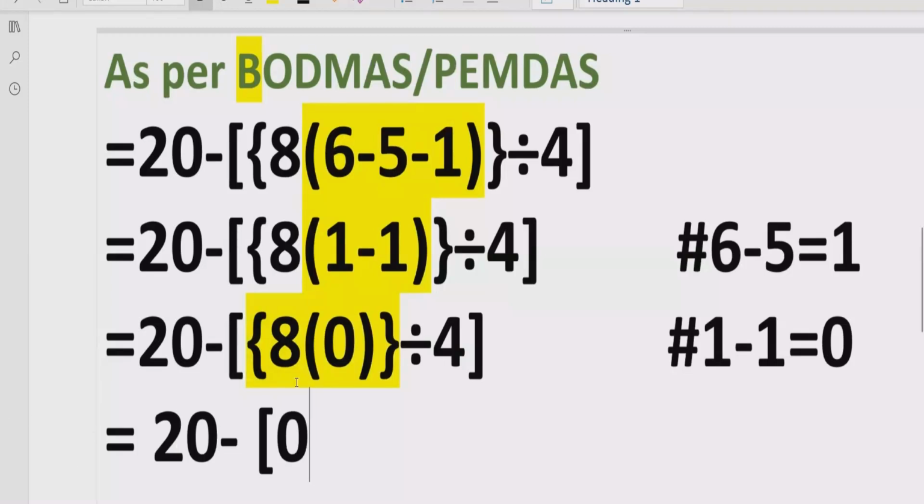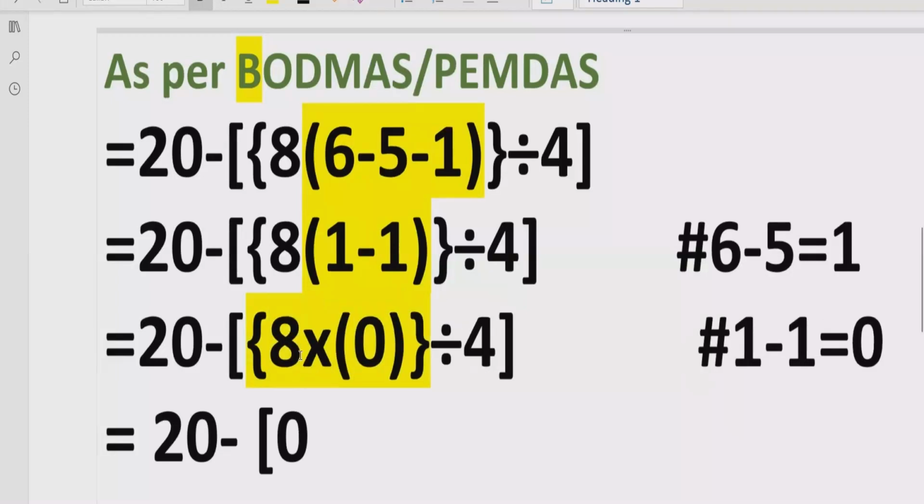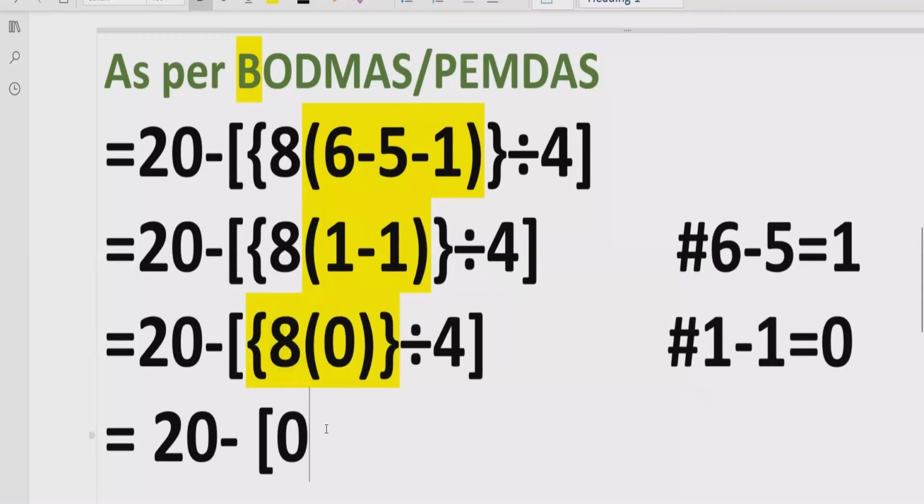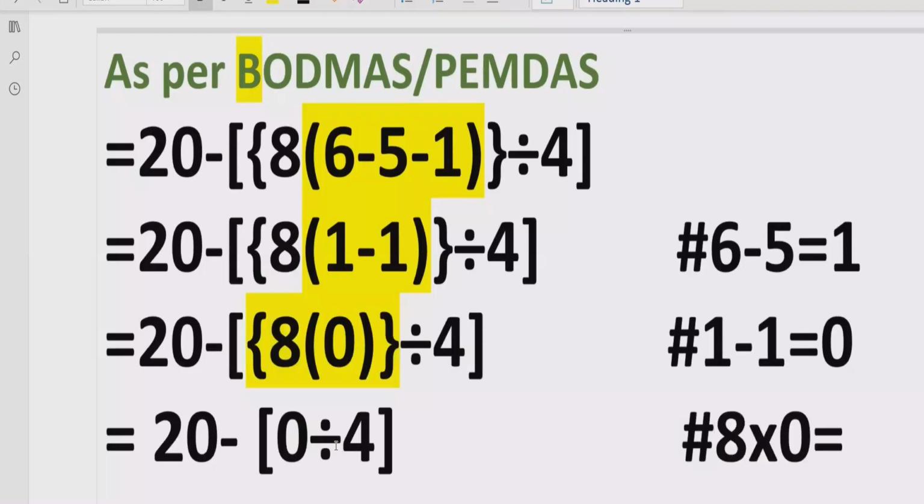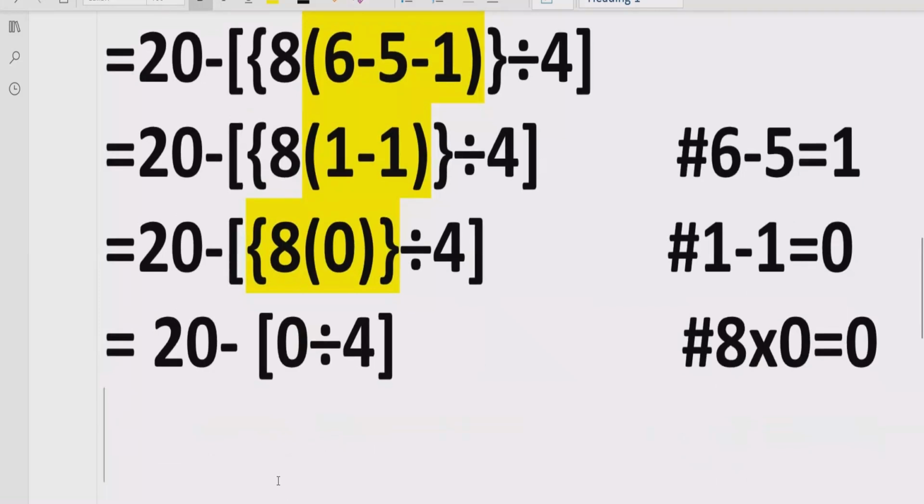And this multiplication, basically, is an implied multiplication, because here we do not have any multiplication sign, but these two numbers are multiplying each other. So this multiplication is called implied multiplication. And here we write as it is, 0 divided by 4. And we give the reference here: 8 multiplied by 0 equals 0. Now we have again a bracket, which is the square bracket.